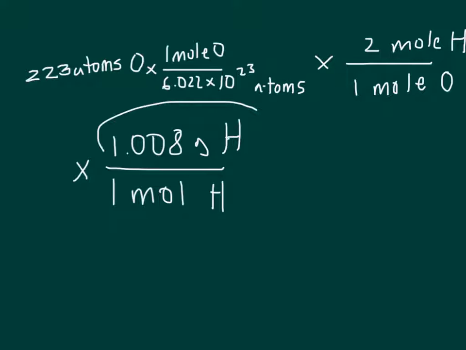I got this number by looking at the periodic table. So this is when you would pull out the periodic table that you placed in front of you. If we look at group 1, we're able to see hydrogen, if you're looking vertically under IA.